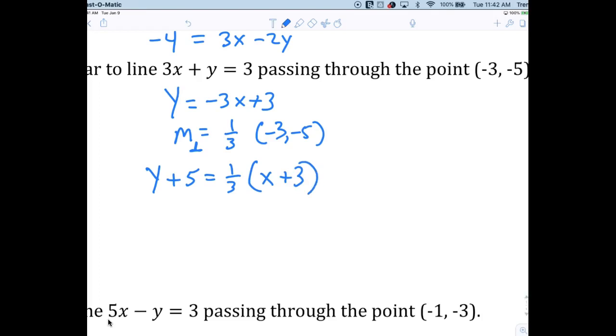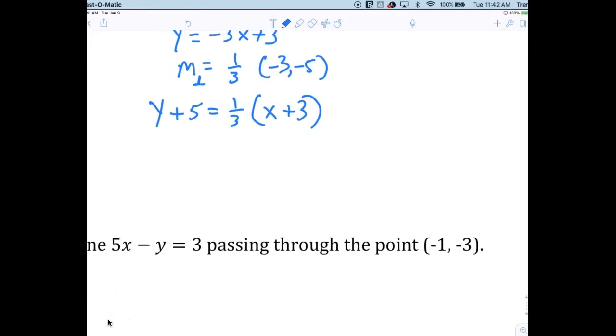Perfect. Now we're still going for standard form, so we'll have to do, right, multiply everything through by 3. Perfect. Now what?